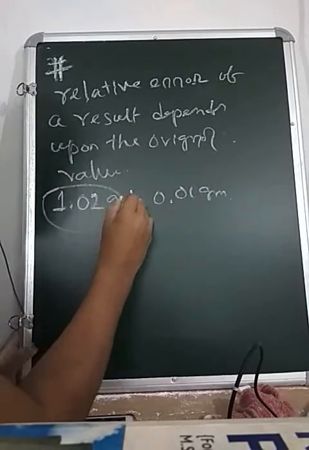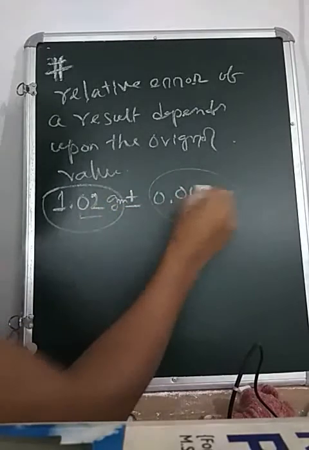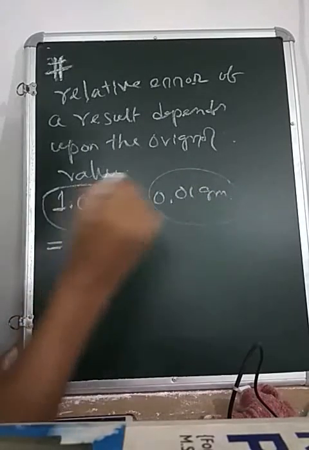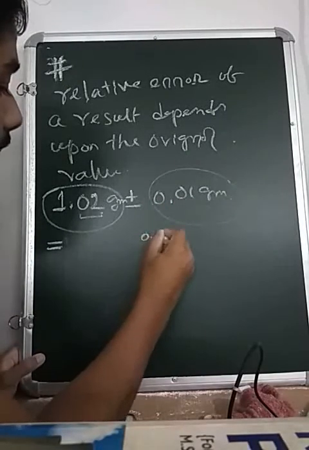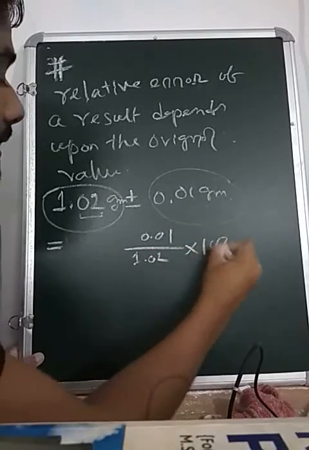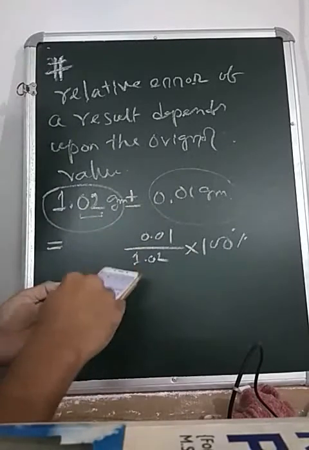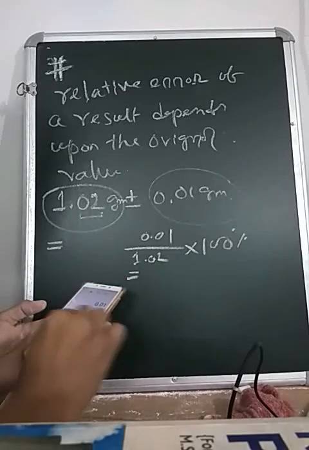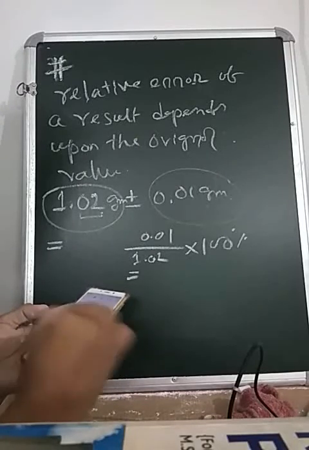If we go for relative error, or percentage error, it will be 0.01 divided by 1.02 into 100%.